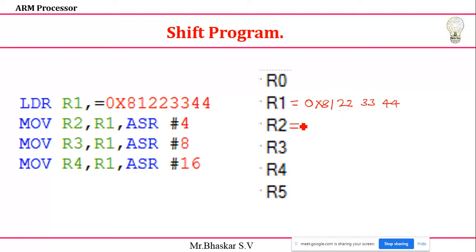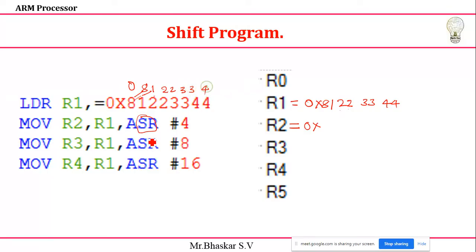Now R2 value. If you are brilliant, directly you need to think: arithmetic shift right of 4 positions, 0x of how much? F. Okay, just think. First you do the shift right. If you do the shift right, what we discussed, the result value I am getting here: I need to get 0, 8 I need to get here, 1 I need to get, next 2, 2, next 3, 3, 4.